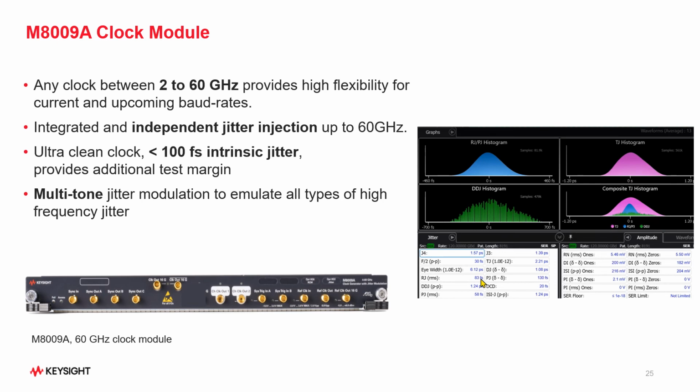With an intrinsic jitter below 100 femtoseconds, this is the cleanest clock for a bit error ratio tester you can get today. This provides enough test margin to emulate noisy signals for all types of high frequency jitter one can envisage.